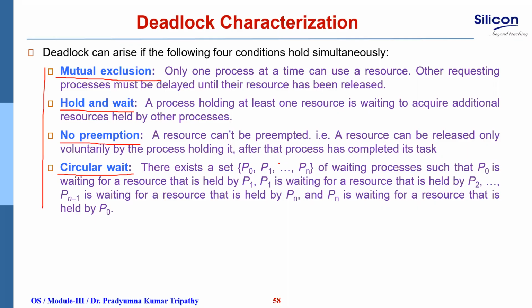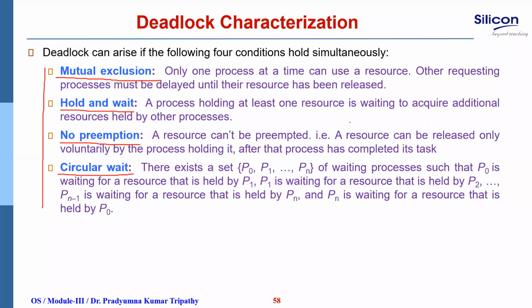Correct? So every process is holding some resource, one or multiple resources, and they are requesting additional resources. If you need an additional resource, then you have to release the previous ones. So a process holding one resource is waiting to acquire additional resources held by other processes.